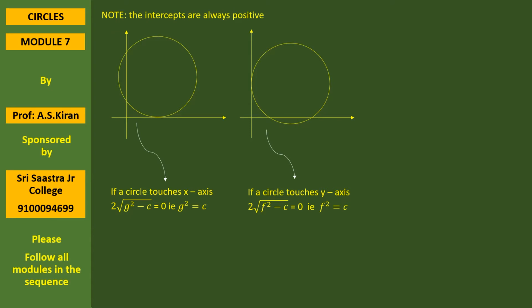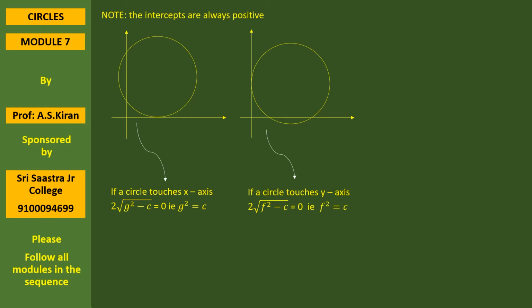For the same circle, if it touches y-axis, then y-intercept is 0.